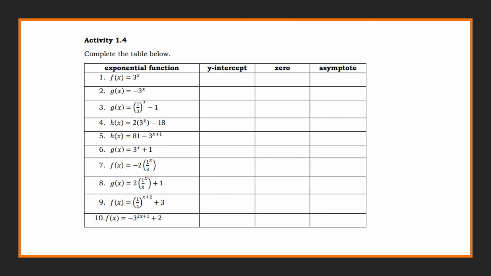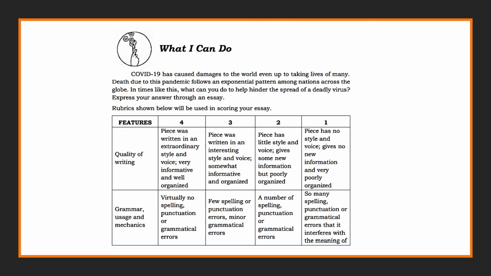1 to 5 or everything ba ang pinasagutan ni ma'am dito? So, I think it's just 1 to 5 only. Then, do what I can do. Madali lang po, express your answer through an essay. What can you do to help hinder the spread of a deadly virus? Kasi yung example ng exponential function yung pagdami ng virus, di ba?